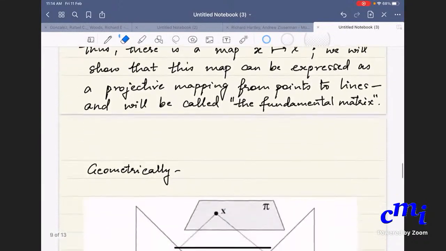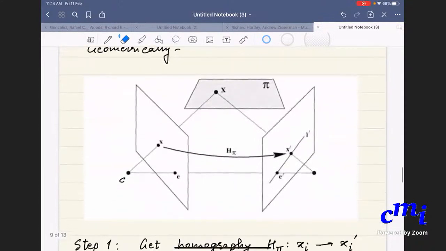So geometrically, the idea is the following. First, given this x, we will try to construct a homography from the first image to the second image.